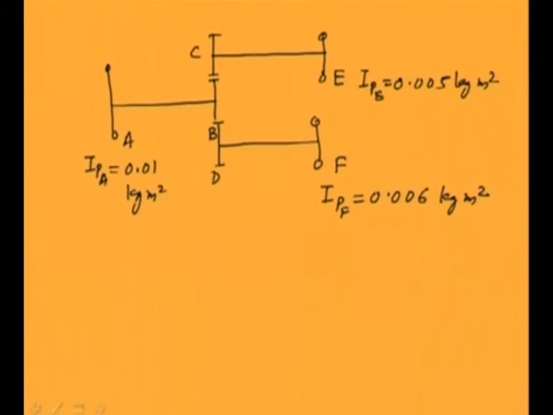Diameters of the various shafts are 0.2 meter, 0.1 meter, and 0.4 meter. Lengths, for simplicity, we have taken as 1 meter for all three shafts.